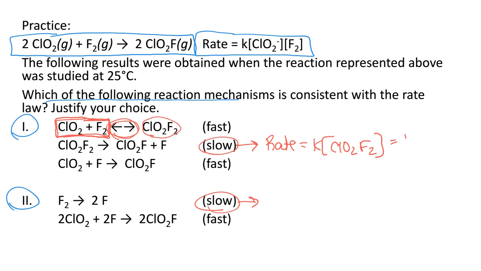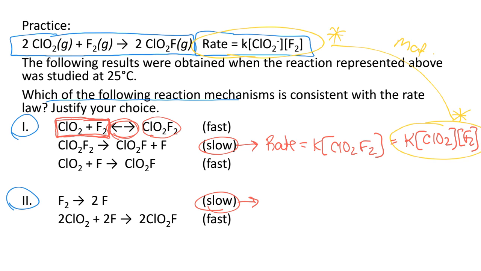So that really is a rate law of K times ClO2 times F2. If you look at that right now, it does match the rate law that's given to me from the experimental data. So if it matches, that's the correct reaction mechanism. We're going to choose reaction mechanism number 1 as the correct reaction mechanism.